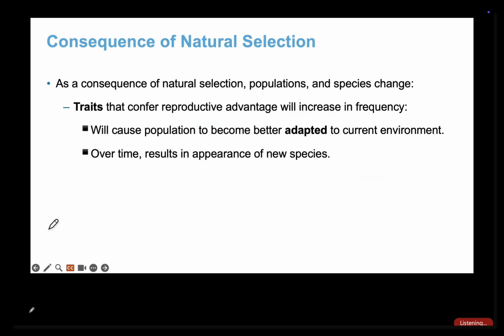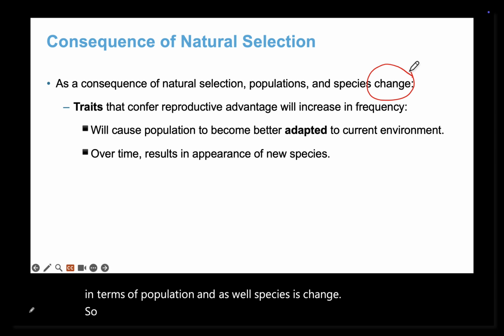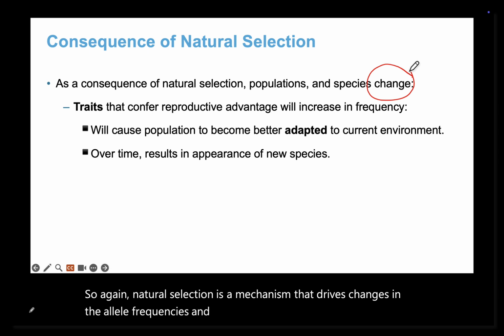As a consequence of the process of natural selection, what happens in terms of population and as well species is change. So again, natural selection is a mechanism that drives changes in the allele frequencies in that population.